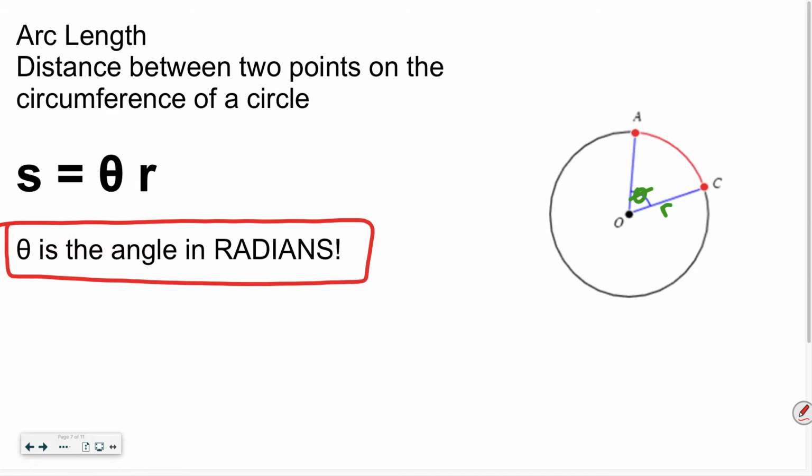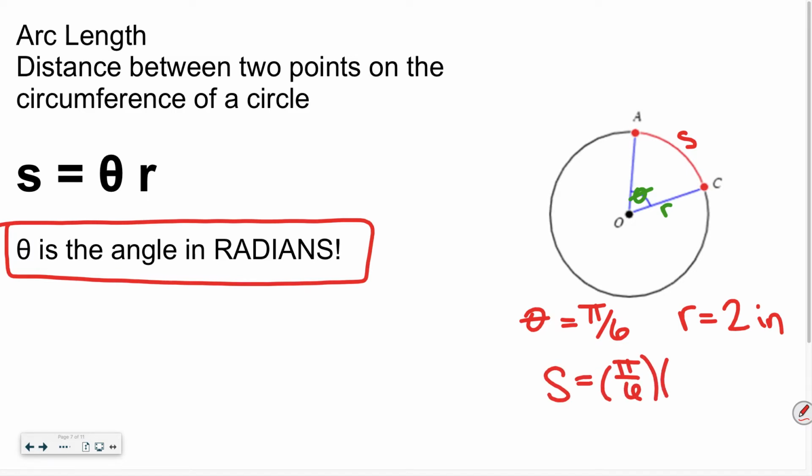So let's say theta is pi over 6, and you have a radius of 2 inches. Then your red arc length would be pi over 6 times 2. Okay. Somebody with their calculator out, I think Riley, Max, oh, there's 2 with calculators out.